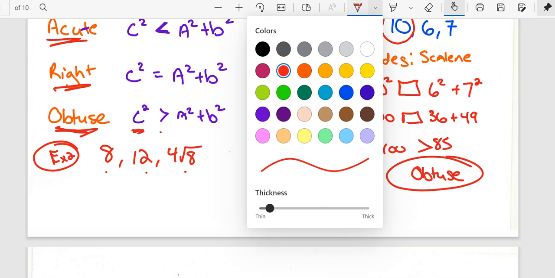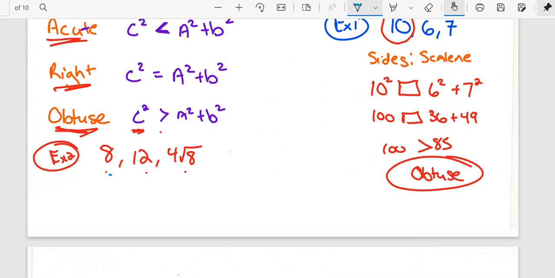So I'm going to figure out which one of these is C. Now, for this one, you should not be just guessing and saying C is 12. Most of us are probably just guessing and do that. You should actually do the math here. So in your calculator, do 4 times the square root of 8, and let's see if that's actually going to be less than 12. Again, you don't want to guess.